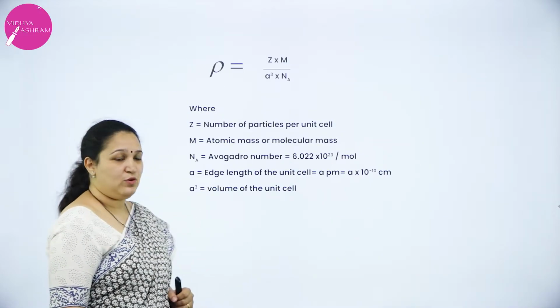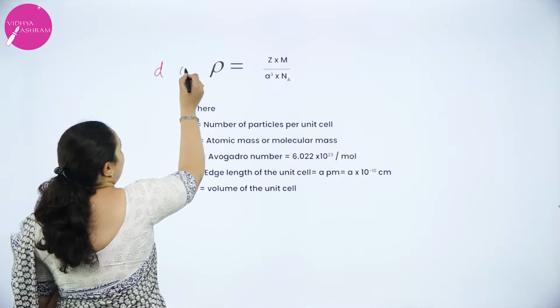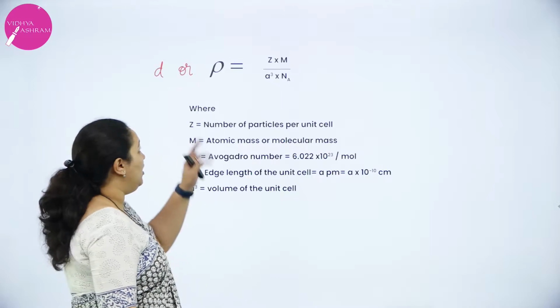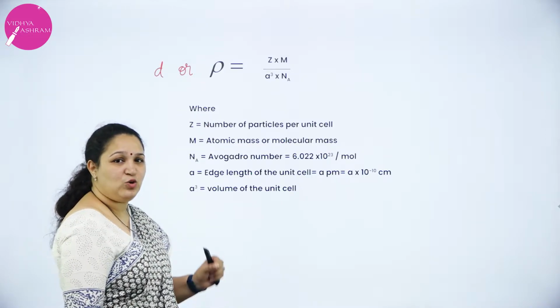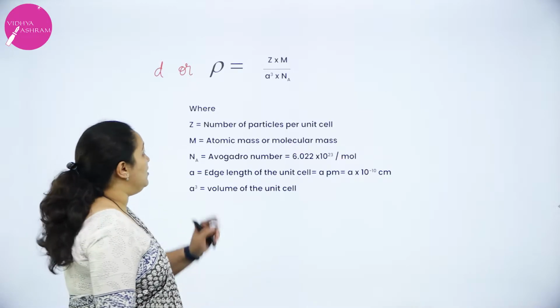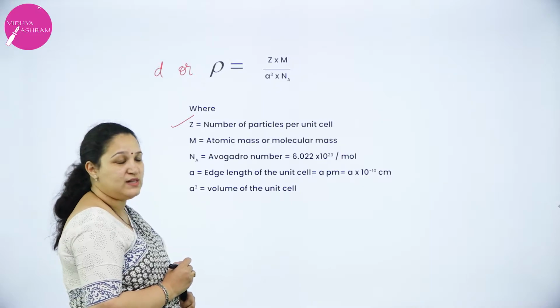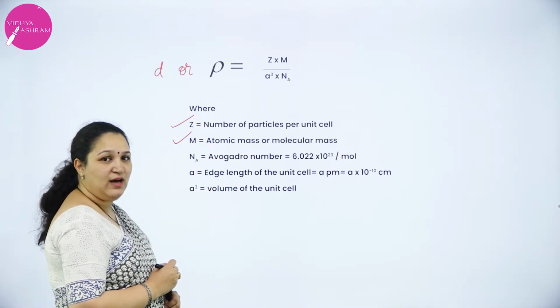So, here you can see rho. Density can be written as D or represented as rho. Rho is equal to Z M by A cube into Na. What is Z? It is the number of particles per unit cell. What is M? It is atomic mass or molecular mass.